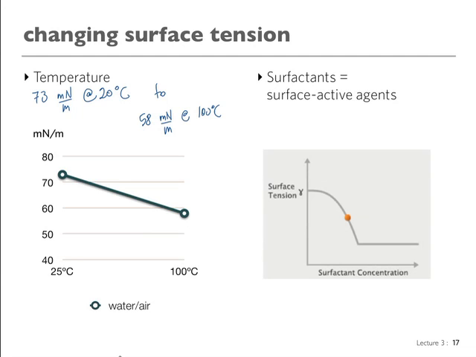Now, another way to change surface tension is to add what are called surfactants. The word surfactant comes from surface active agents, and basically they're special molecules that have a structure which you could call a head and tail structure.